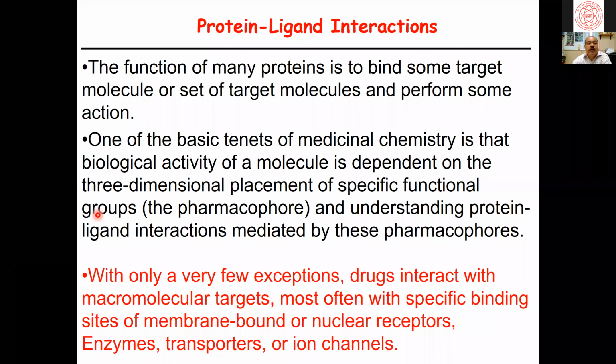And these we call a pharmacophore. And understanding this protein-ligand interaction is mediated by these pharmacophores. Also, we know that with only a very few exceptions, drugs mostly interact with macromolecular targets, and these are mostly the specific binding sites of membrane-bound or nuclear receptors, enzymes, transporters, or ion channels.